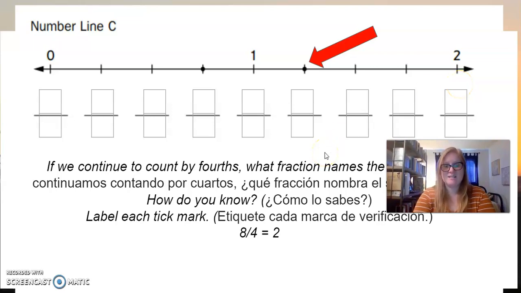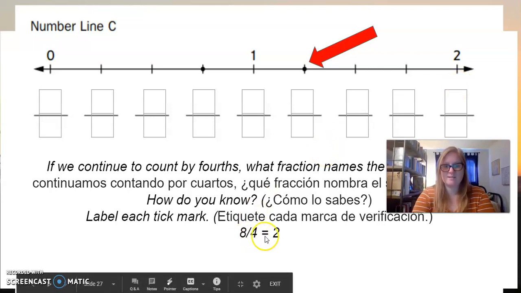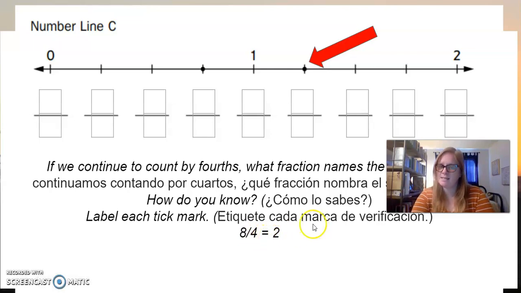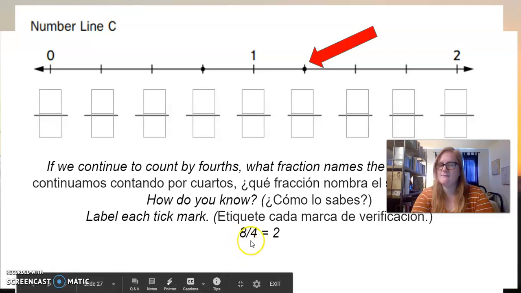Oh my goodness. So 8/4 is the same as 2, which is interesting because 8 divided by 4 equals 2, or 4 times 2 equals 8.